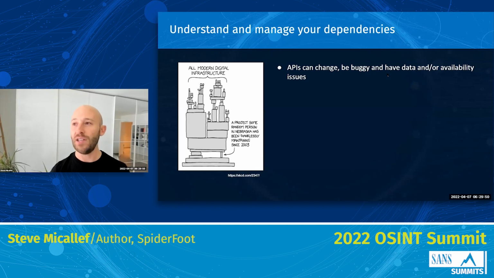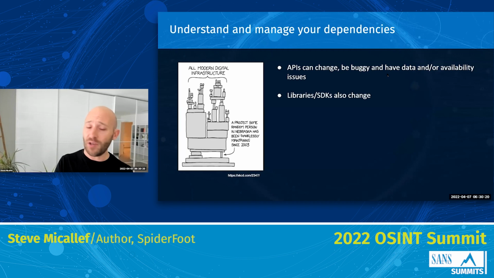What I've seen, and I've been guilty of it myself, is that you collect some data and you say, okay, I found email addresses, I found names, whatever. Okay, this looks great. But what you didn't realize, because you didn't look at the logs or see the failures, is that maybe an API was down, or maybe querying a particular system failed for whatever reason. Maybe DNS failed because of throttling or whatever else, and you actually missed a whole ton of OSINT. And so it's very important to keep an eye on what your dependencies are and how they might be failing.